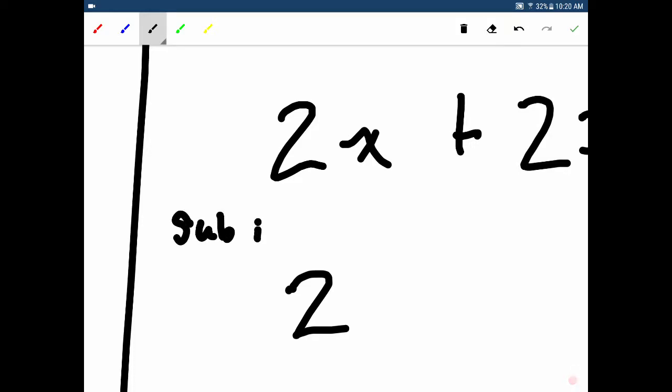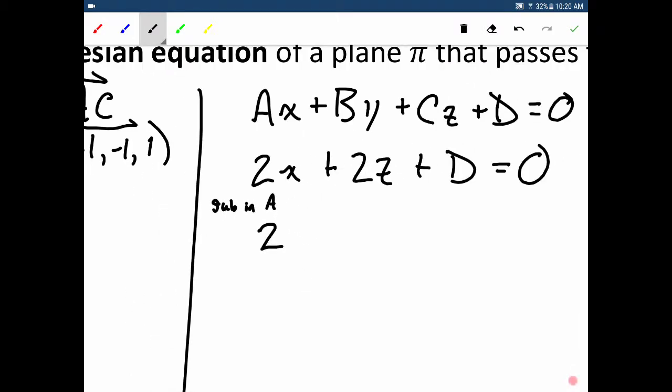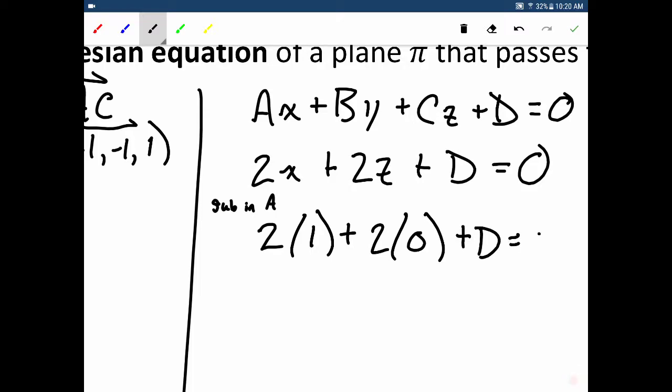Sub in A. Okay? So we'll get 2 times, and x was 1, plus 2 times, and z is 0. Okay, there is no y in this equation, so that worked out nicely.